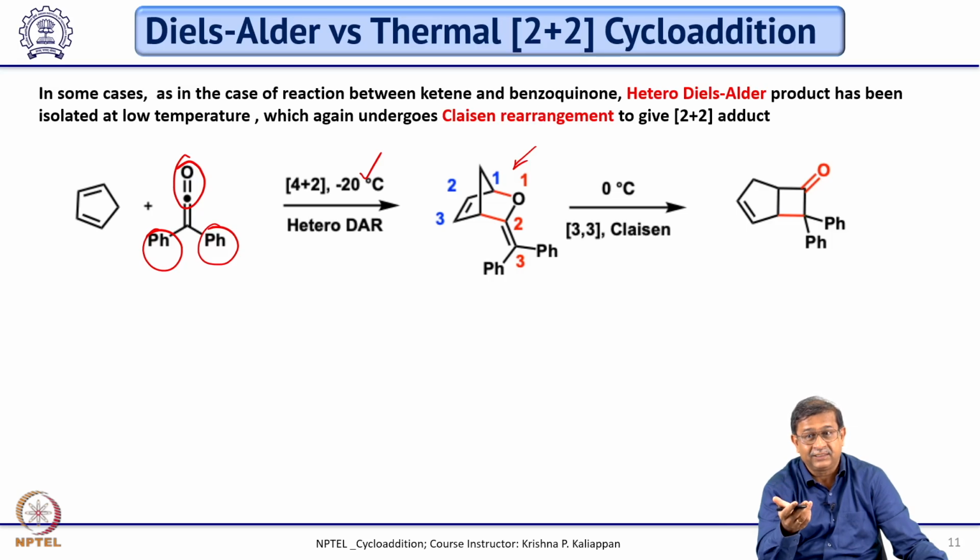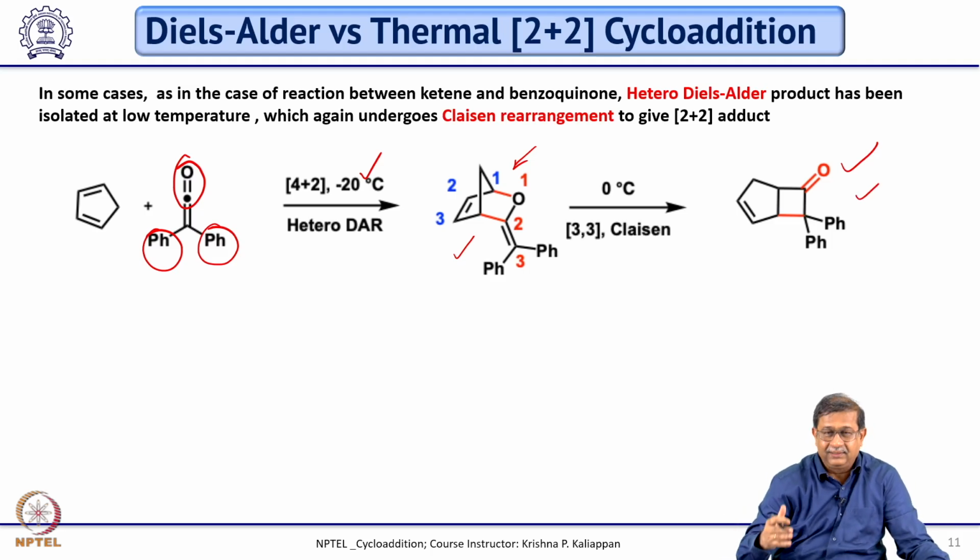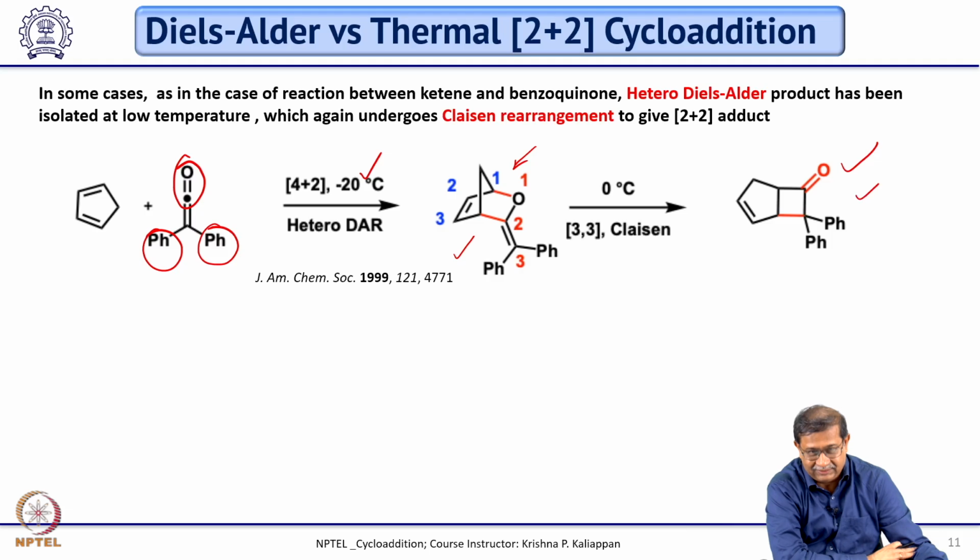Here it is a Claisen rearrangement to give 2+2. In the earlier example, what we saw was first it underwent a 2+2 cycloaddition followed by a 3,3 sigmatropic rearrangement which gave a 4+2 cycloadduct-like molecule. Here, first a 4+2 hetero-Diels-Alder reaction takes place followed by a 3,3 sigmatropic rearrangement to finally give a 2+2 cycloaddition product. Okay.